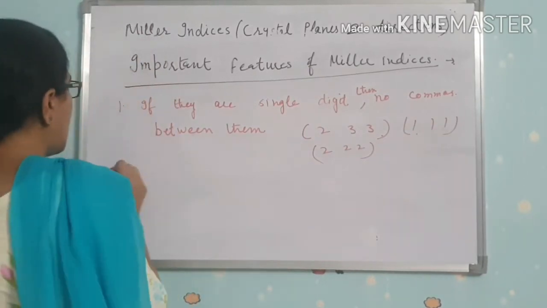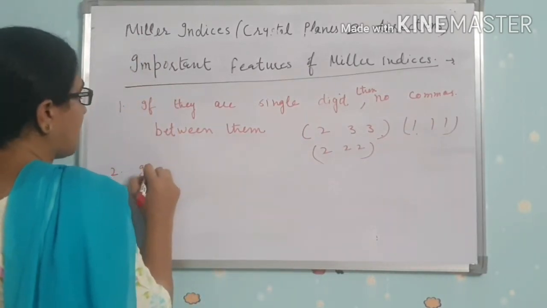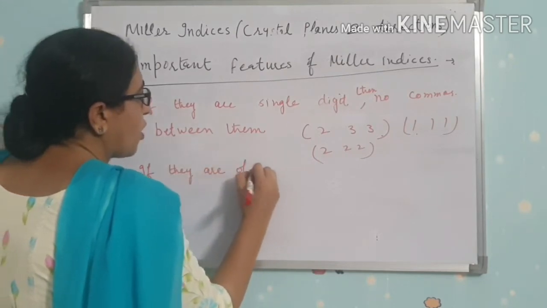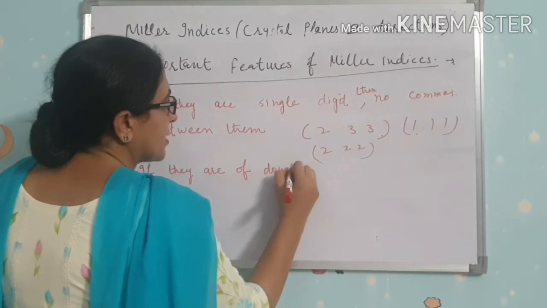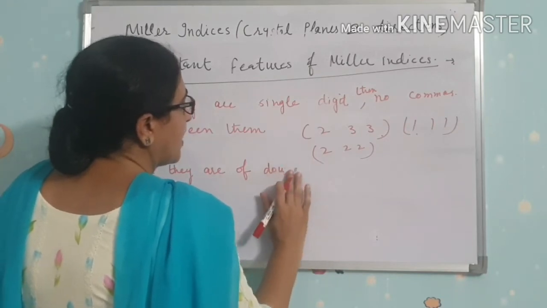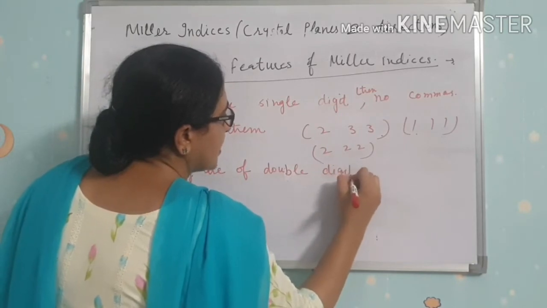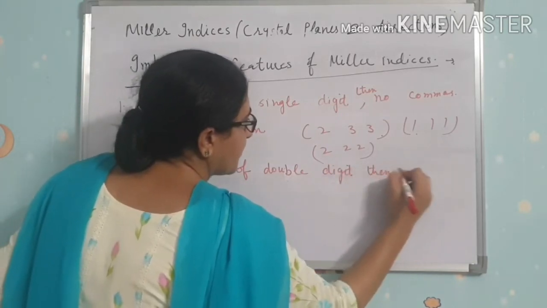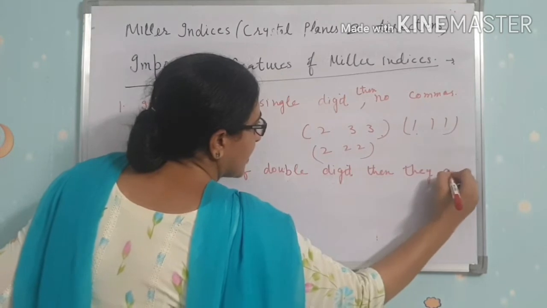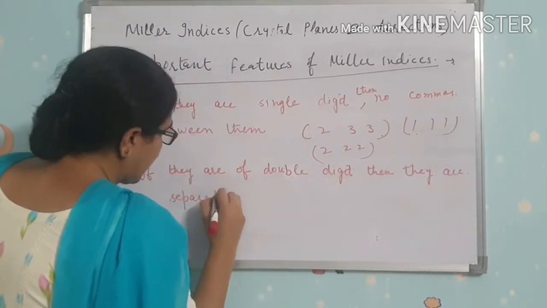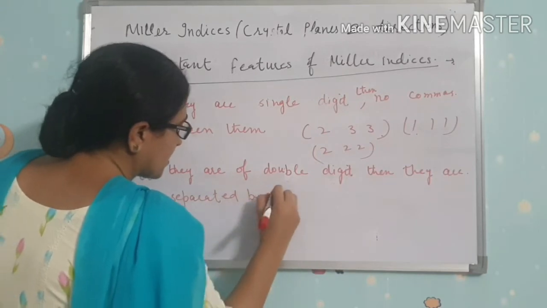Clear? The first feature. Second feature: if they are of double digit, then they are separated by commas.